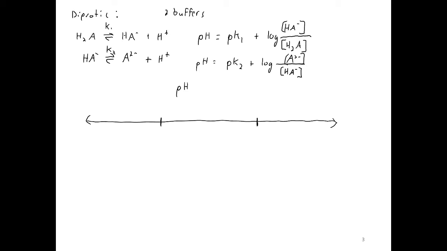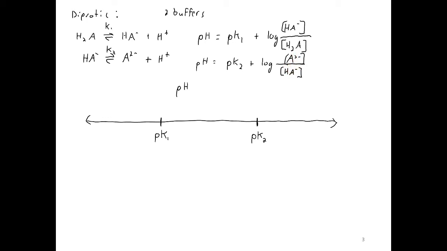One is when the pH is equal to the pK1 of whatever diprotic acid we're dealing with, and as you can probably guess, the other point I'm marking off represents when the pH equals the second pK value. And using similar logic to what we've seen in the past, we can assert that when pH equals pK1, that must mean that these two are equal, and similarly when pH equals pK2, these two concentrations are equal.